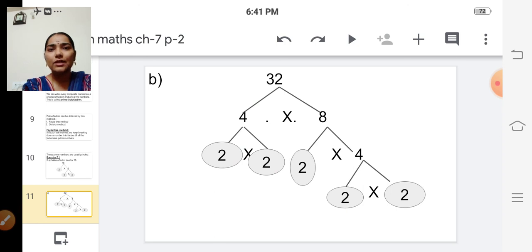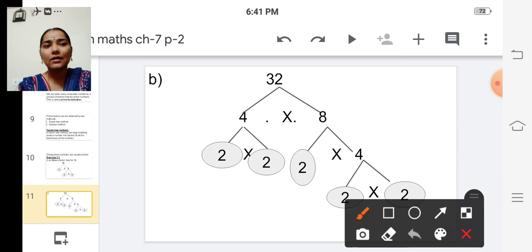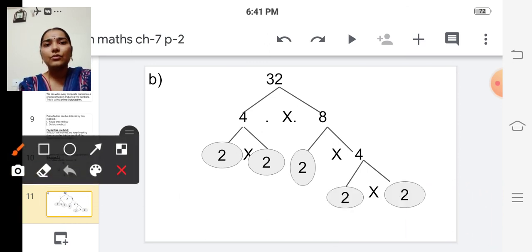Have you all understood, children? I'll explain this problem once again. We are going to factorize 32 until all the factors are prime numbers. 32 can be written as 4 8s are 32. 4 and 8 are factors of 32.